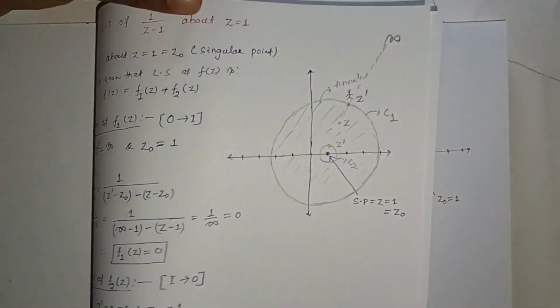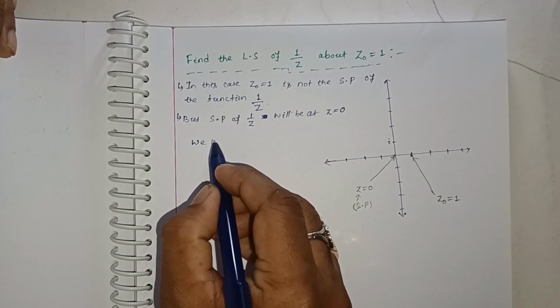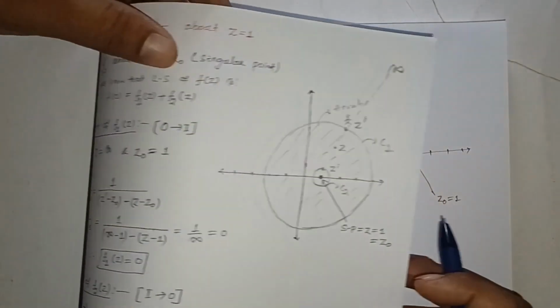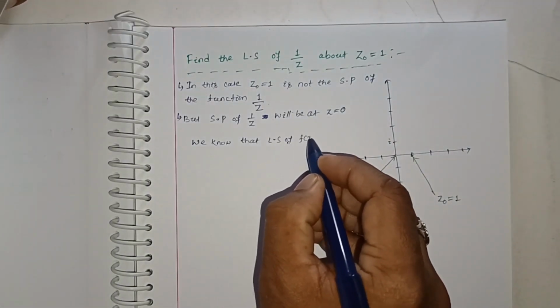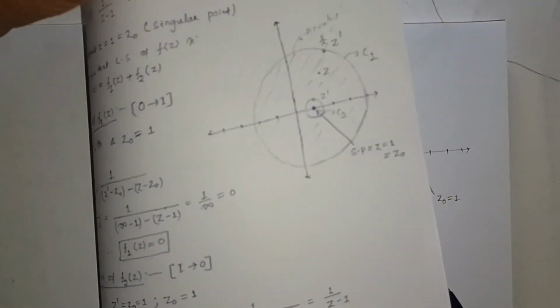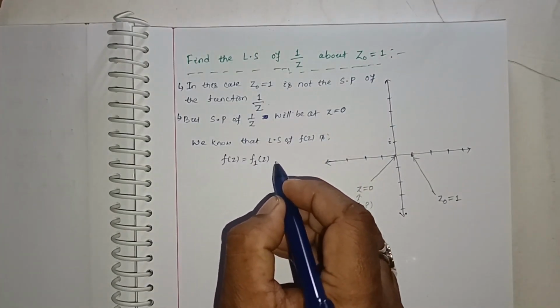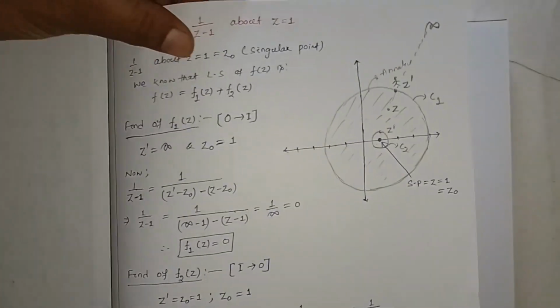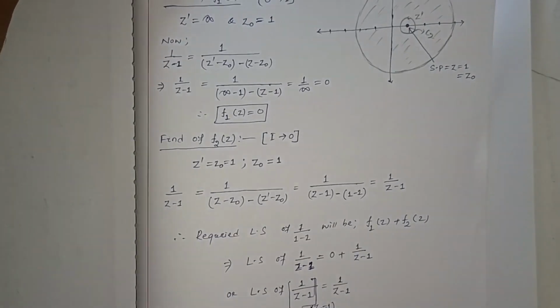Okay, we know that the Laurent series of f(z), LS of f(z), is f(z) equal to f1(z) plus f2(z), right? We have to find out f1(z), then f2(z), then we have to add them.